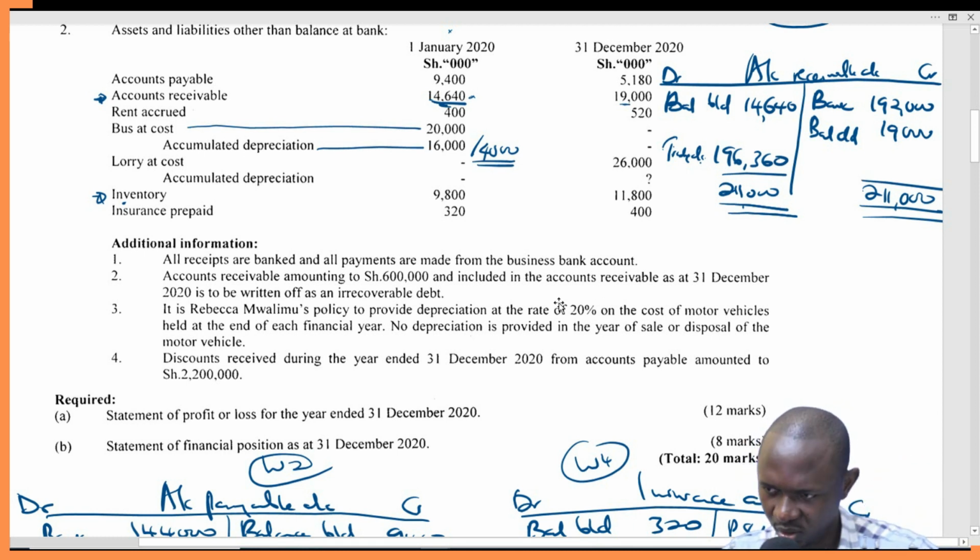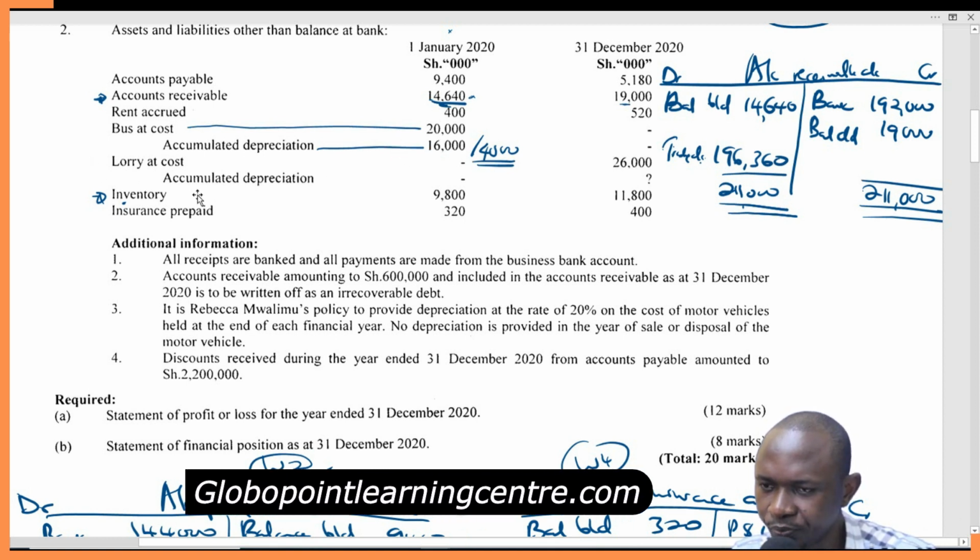No depreciation is provided in the year of sale or disposal of the motor vehicle. So this vehicle was sold this year, which means there's no depreciation I'm going to charge for this year.